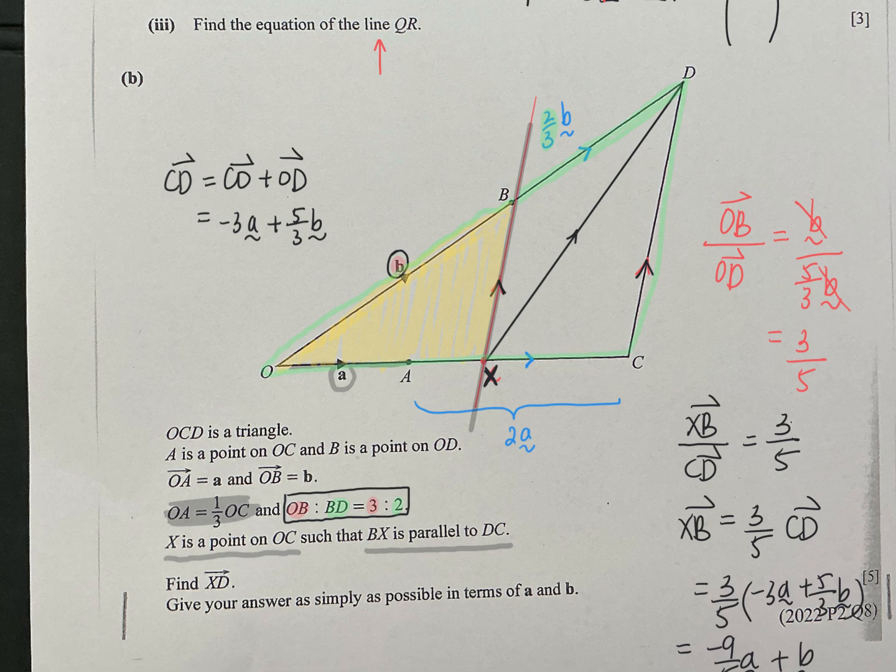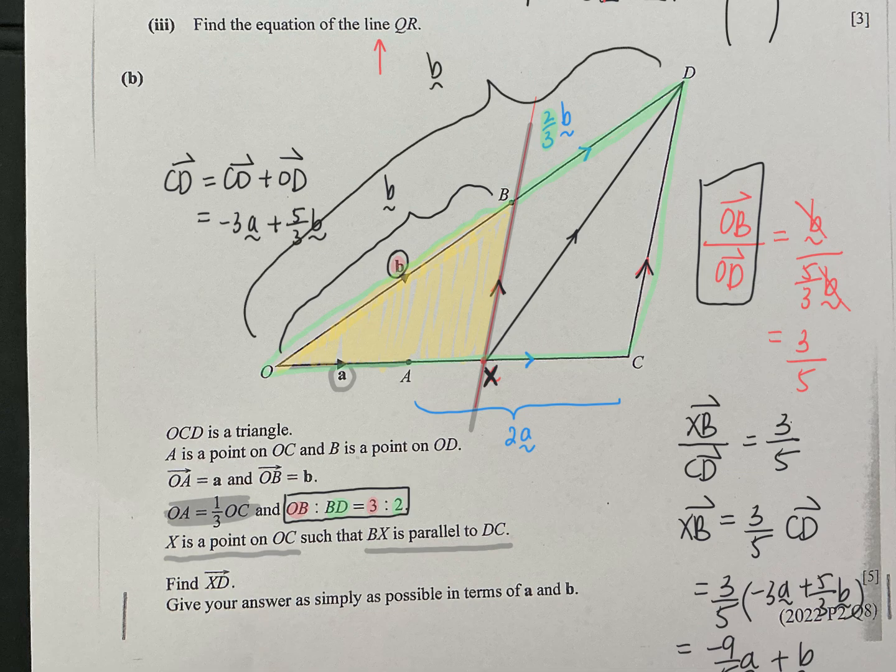So the ratio of XB to CD should be the same as the ratio of this to the whole thing. I try to find the ratio of OB to OD. OB is B, but the whole OD is B plus 2/3 B, which I found to be 5/3 B. So the ratio between this and this gives me 3:5.